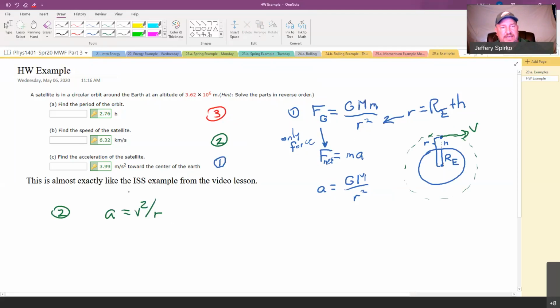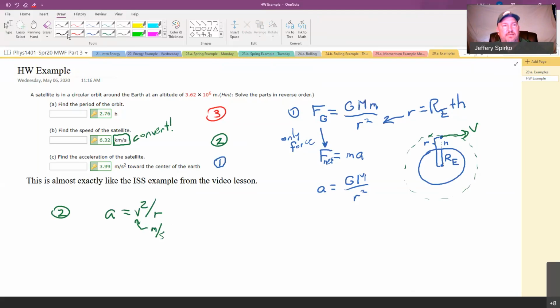And don't forget that we have to convert, because this velocity is in meters per second, not in kilometers per second.